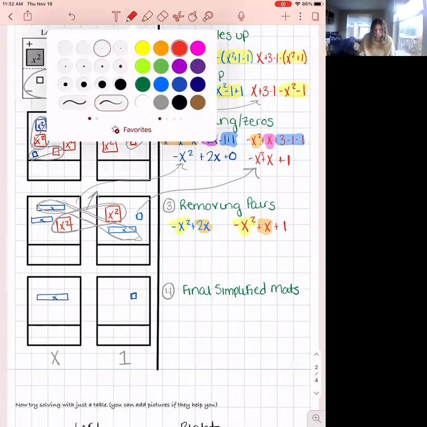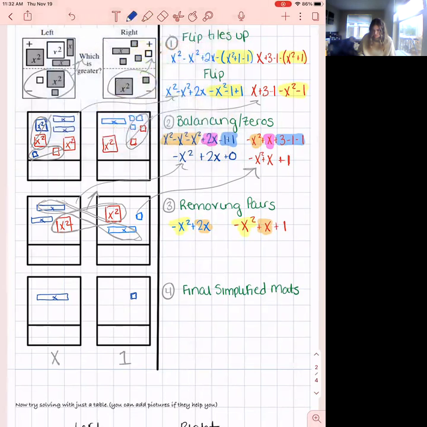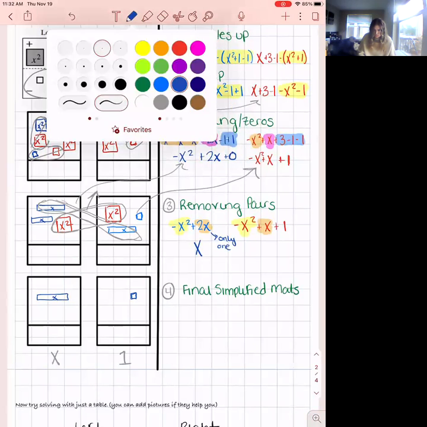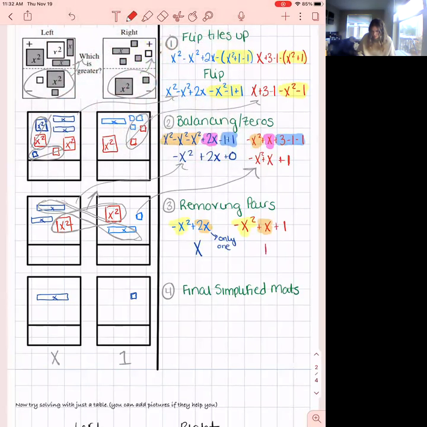So when I rewrite this, this side still has 1x. And when I rewrite the other side, all that's left is a 1. So that's why it can be helpful to write it like you are adding what you want to get rid of.